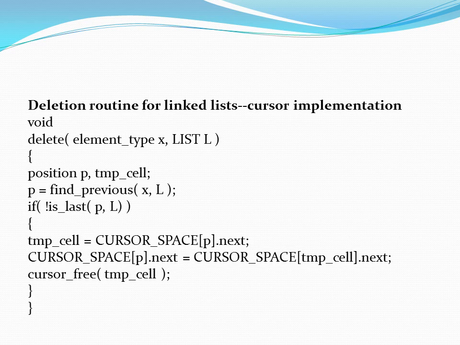Next, the deletion routine for a linked list: void delete(ElementType X, List L). To delete element X from a list, first we have to find the element. Then the previous element's index is changed to the deleted element's next element's index.